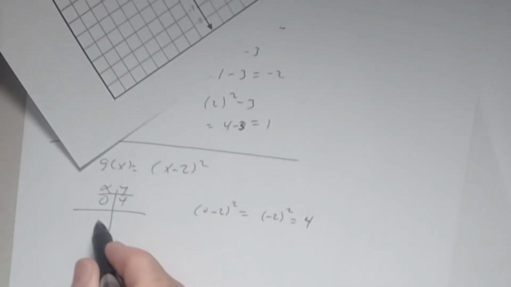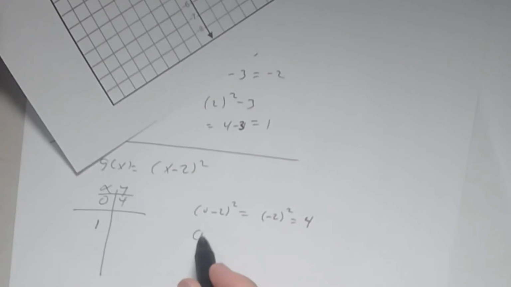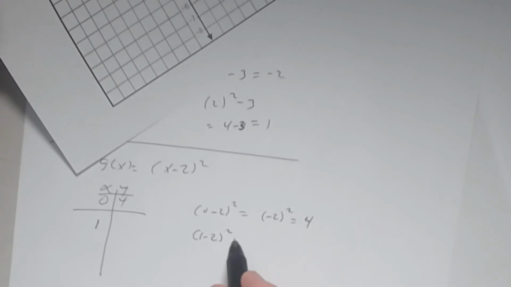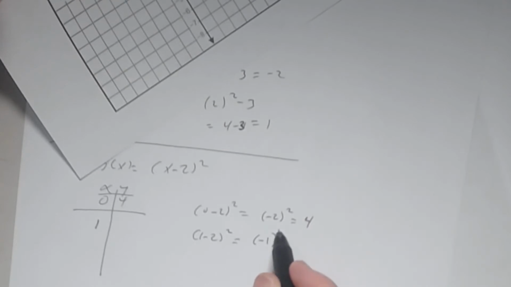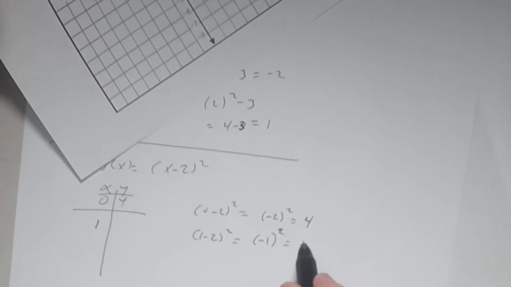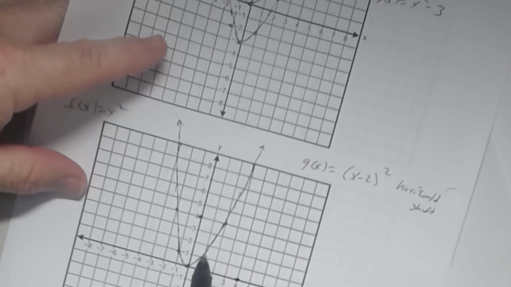If x is 1, I get 1 minus 2 squared. What's 1 minus 2? Negative 1. Negative 1 squared is 1. So I get 1, 1, right? So I plot the point 1, 1. It's right here.